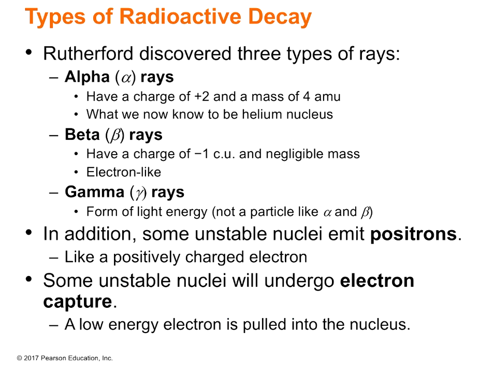So we tend to think of it as a positive electron. And then some unstable nuclei will undergo what's called electron capture. So an atom might actually pull an electron into the nucleus. So these are all different types of radioactive decay.